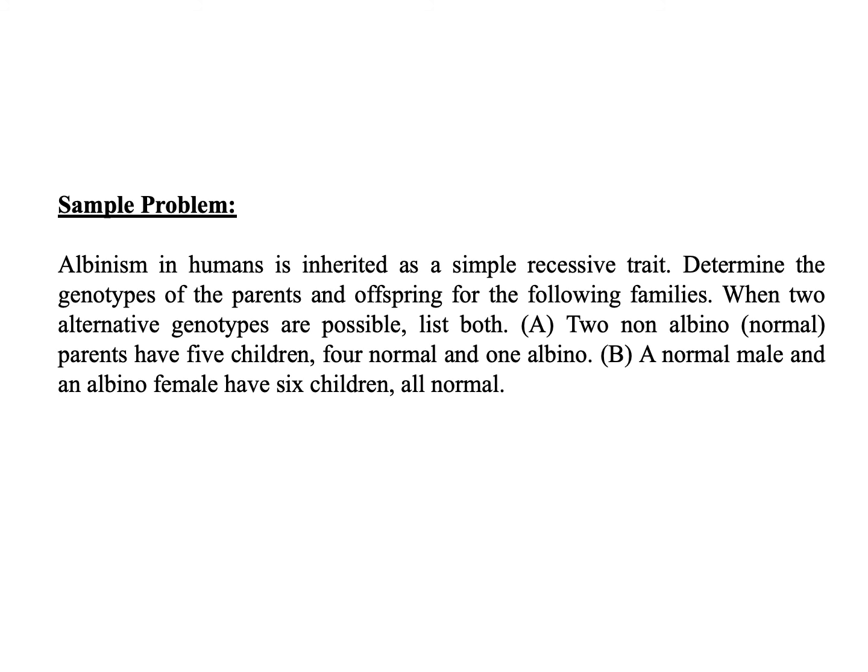What I always do with a genetics problem, and I think is a really good strategy, is first to establish some components before you even try to answer the question. One of the first clues in trying to move on with this problem is the fact that there is a simple recessive trait involved in the question.